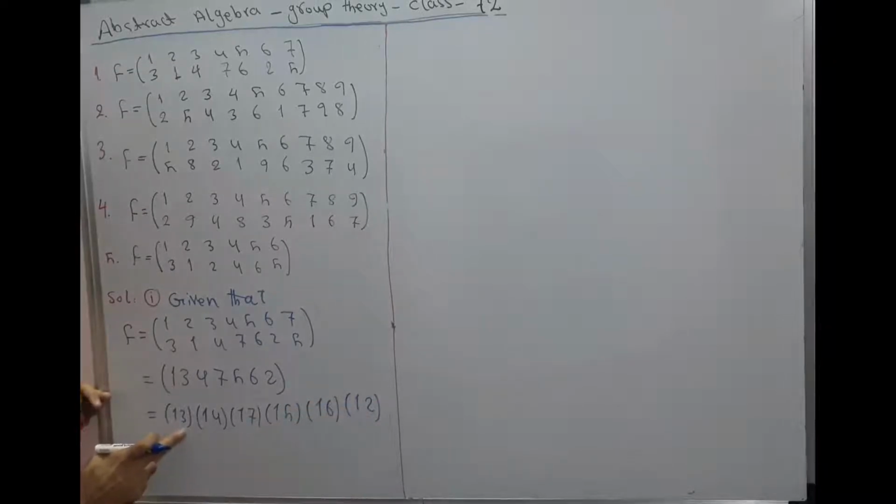How many transpositions do we have? 1, 2, 3, 4, 5, 6. Therefore, it is equal to 6 transpositions. Therefore, f is an even permutation.